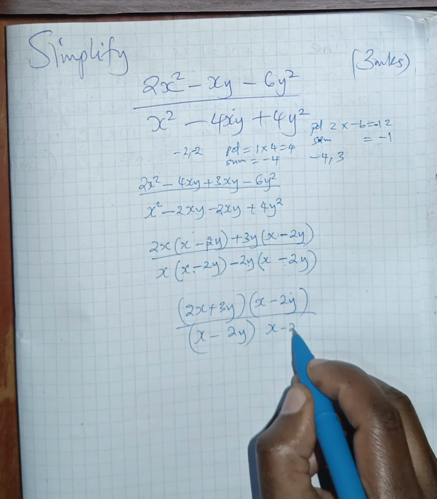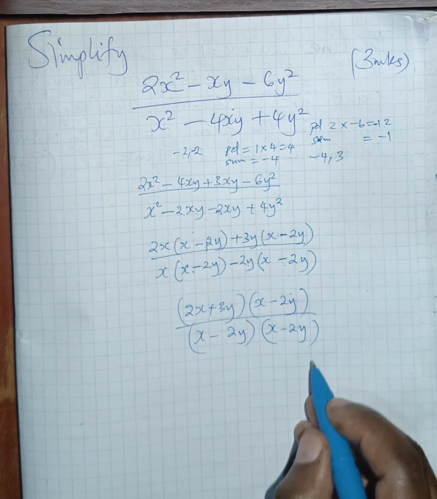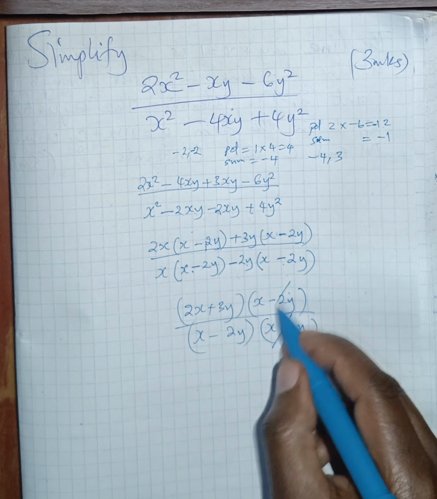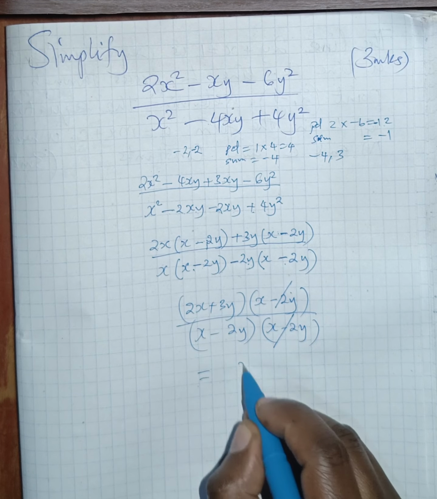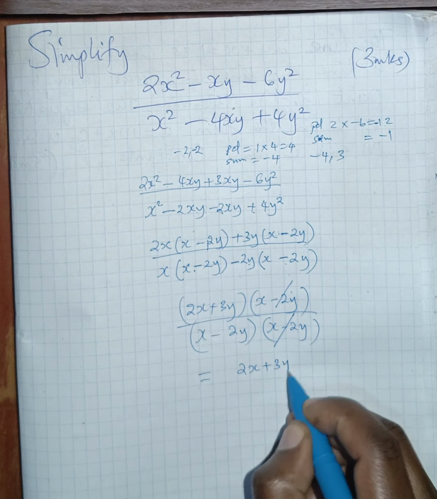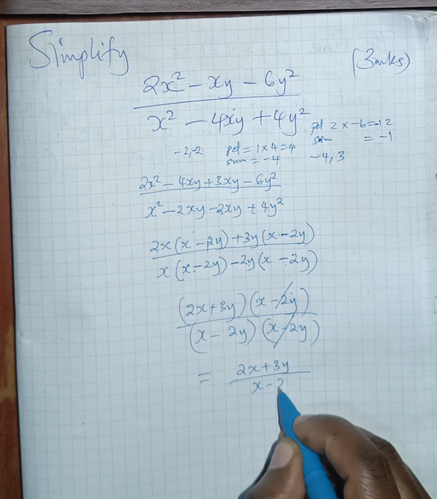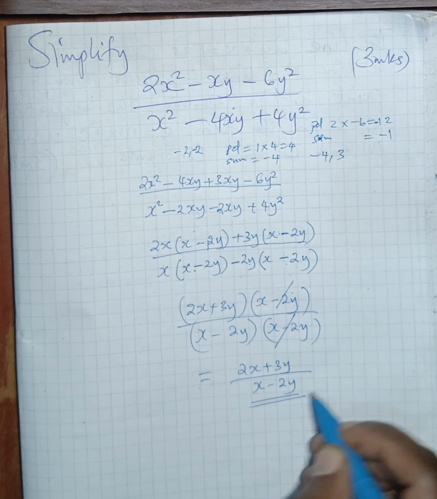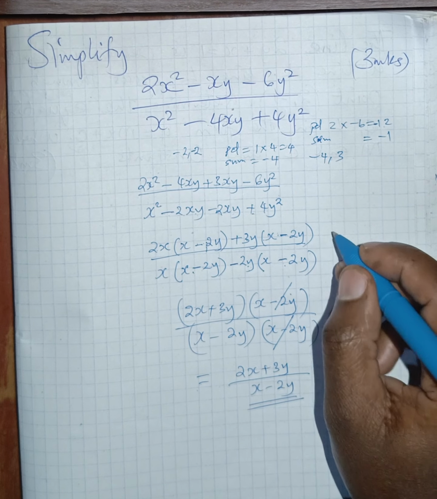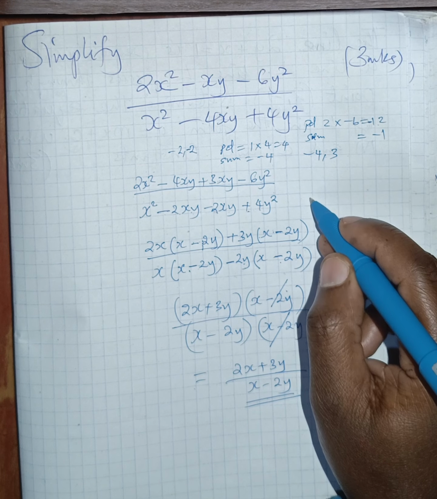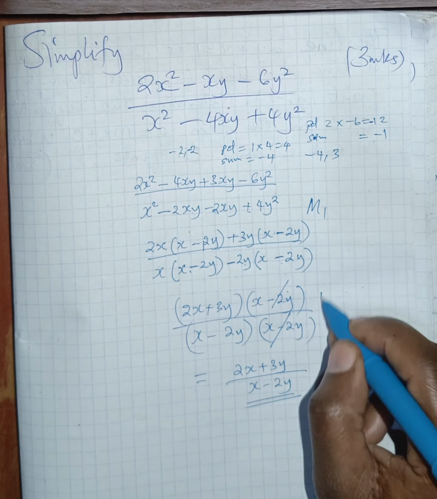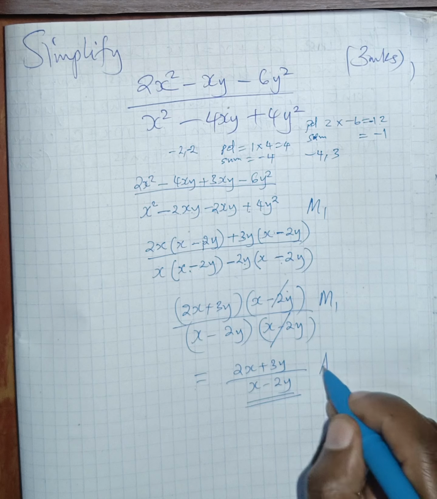Then these cancel out, and I'm left with the answer: 2x plus 3y over x minus 2y. And that's what they were expected to do, so that the examiner gives 1 mark here, then another mark here, and the final one here.